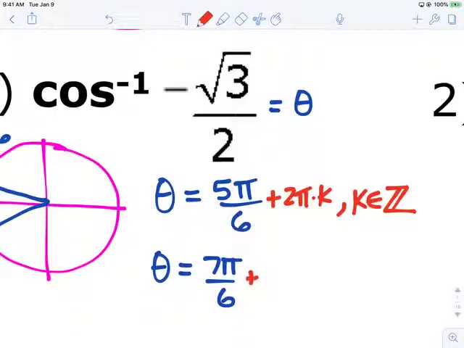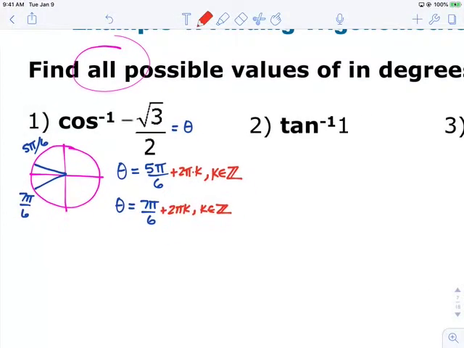If you take 7 pi over 6 and add some multiple of 2 pi, so I know you haven't seen this notation before, but that's why I'm introducing it, so you learn something. K is an element of the integers. K is an integer: 1, 2, negative 1, any number like that, 0. All of those are integers. No fractions, right?